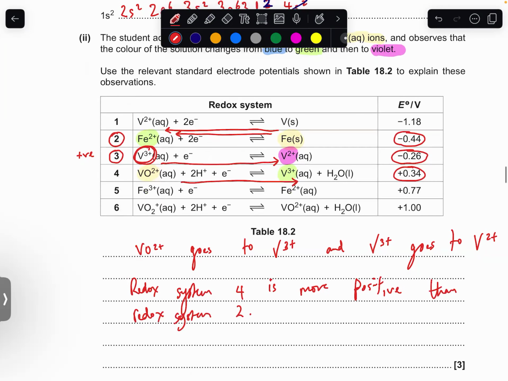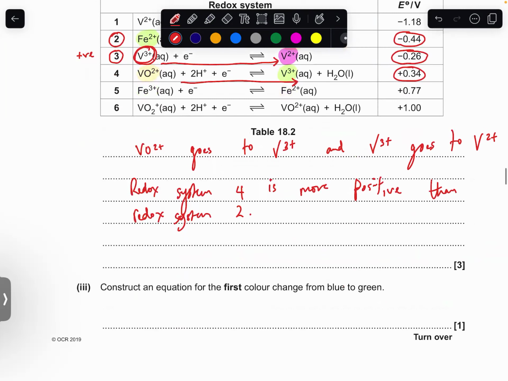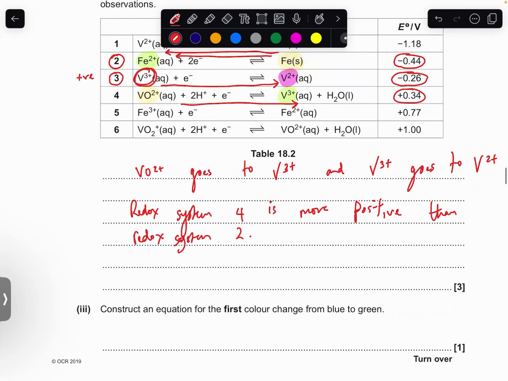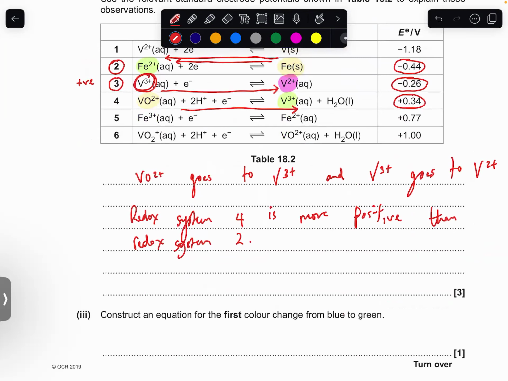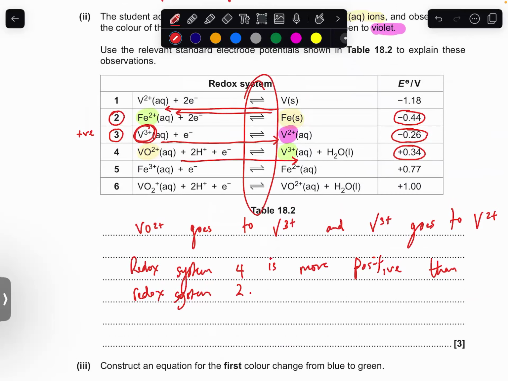And as a result, for these equilibria, we want to refer to them and say which direction they shift in.